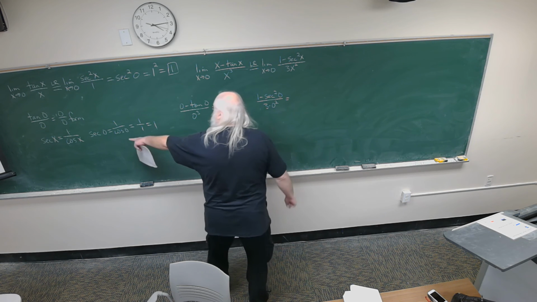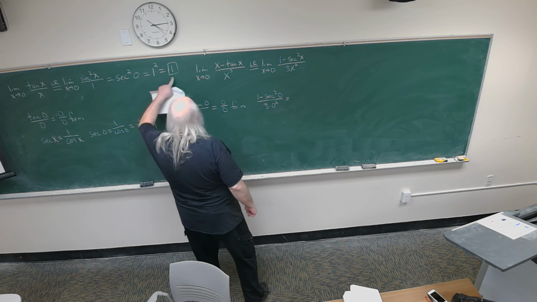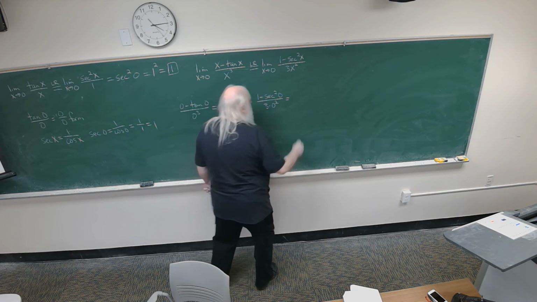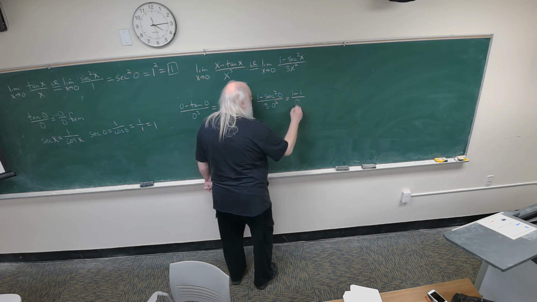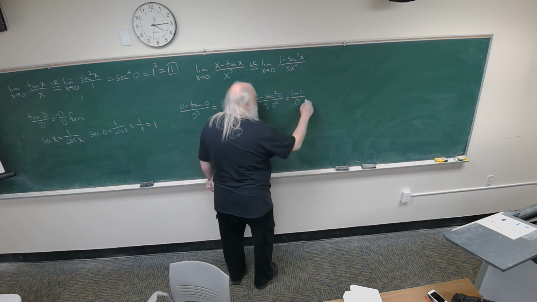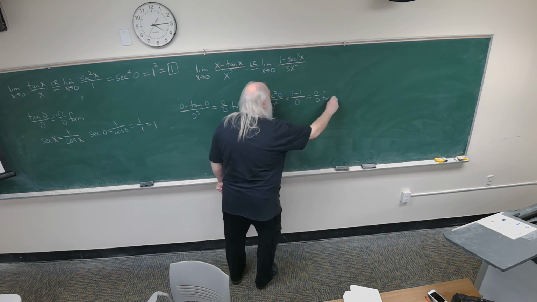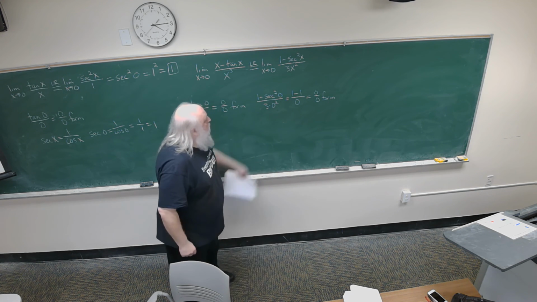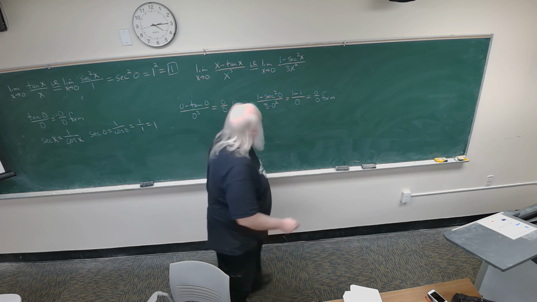And we know secant 0 squared is equal to 1 squared, which is 1. So the numerator is 1 minus 1. The denominator is 0 squared times 3, which is 0. And so we have 0 over 0 form in evaluating this limit. So we can apply L'Hopital's rule again.